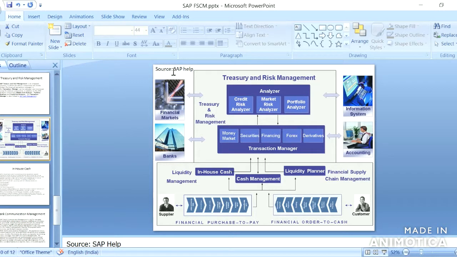And I got this from SAP help. Actually I thought of explaining in my own words, but I felt some difficulty in how to explain this. So it made it mandatory to keep this slide here, so I can show how it actually works.